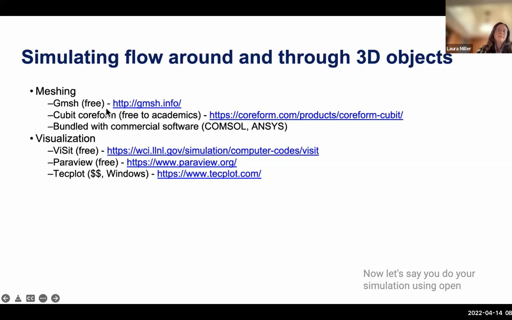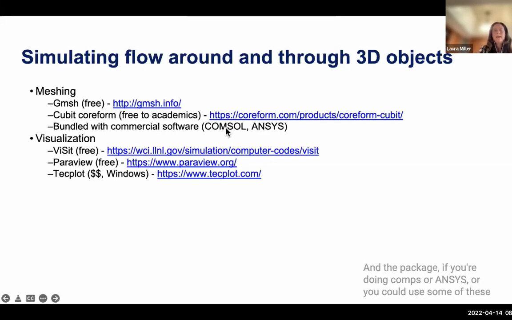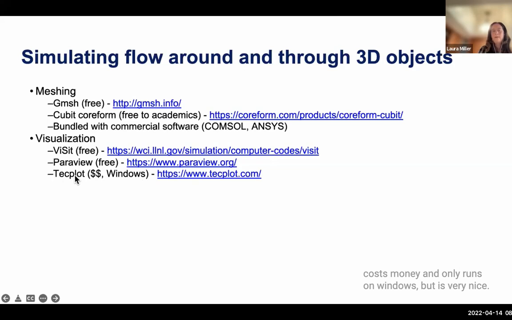Now, let's say you do your simulation using OpenFOAM or COMSOL or ANSYS. Well, you can visualize it in the package if you're doing COMSOL or ANSYS, or you can use some of these visualization softwares like ParaView, which is free, or Tecplot, which costs money and only runs on Windows, but is very nice.